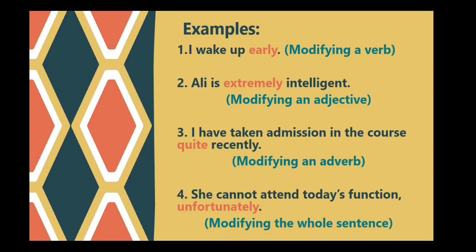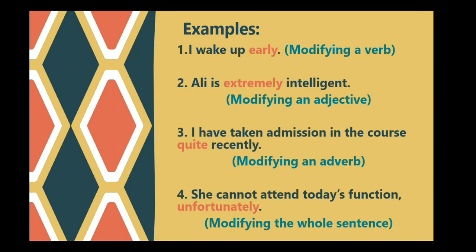Let's look at examples. I wake up early. Early is modifying a verb, that is wake up. Ali is extremely intelligent. The adverb extremely is modifying an adjective. I have taken admission in the course quite recently.